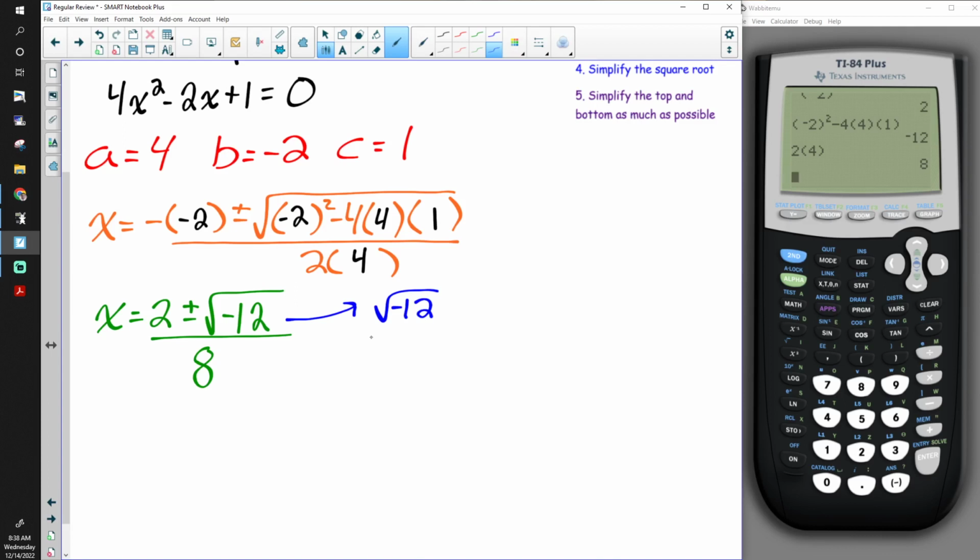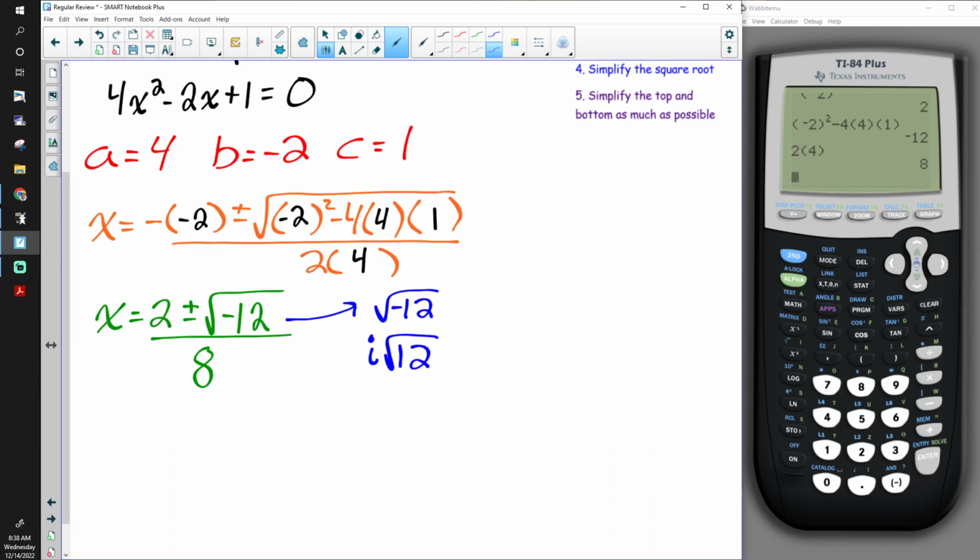Put an imaginary out front. I square root of +12 now. Okay? The only difference is when we simplify the square roots, I have an I. You can't take the square root of a negative number with real numbers, so we need to make sure, hey, this is imaginary. So I put that I out front, and I write a positive 12.